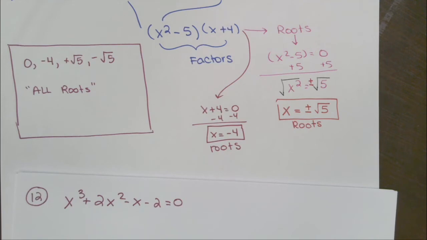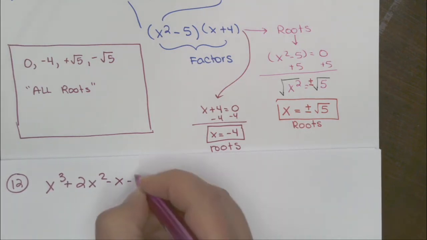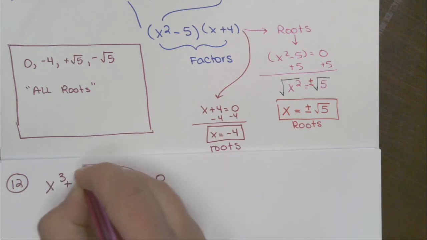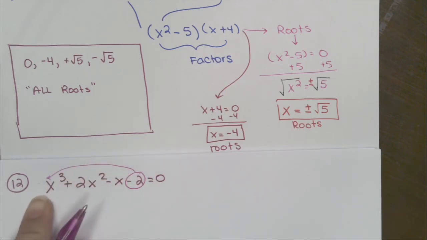Okay, so number 12 is asking you to do the possible zeros. Okay, you ready? 2 over what? What's the leading coefficient here? 1. Thank you. We got 2 over 1.